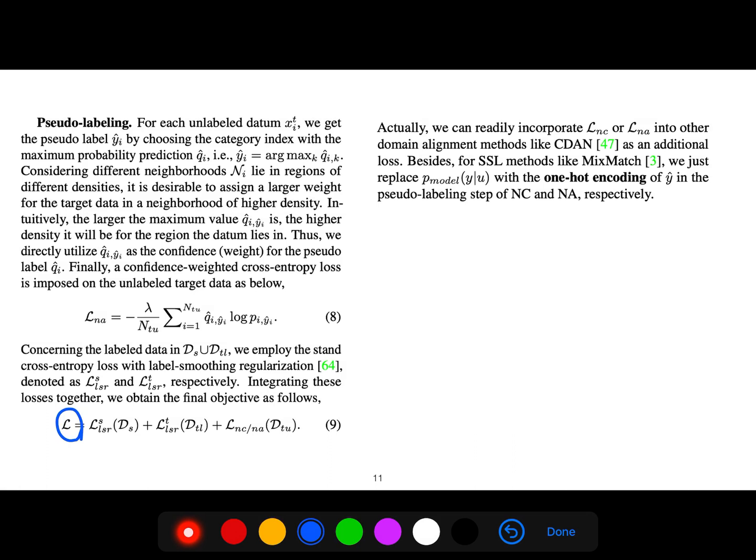Actually, we can readily incorporate L_NC or L_NA into other domain adaptation methods as an additional loss. Besides, for SSL methods like MixMatch, we just replace P with one-hot encoding.